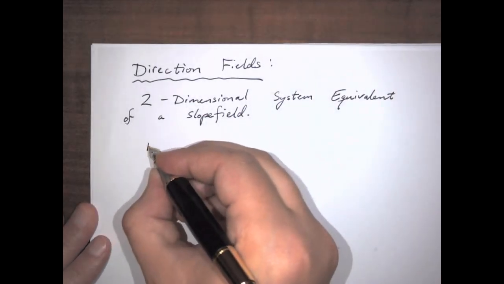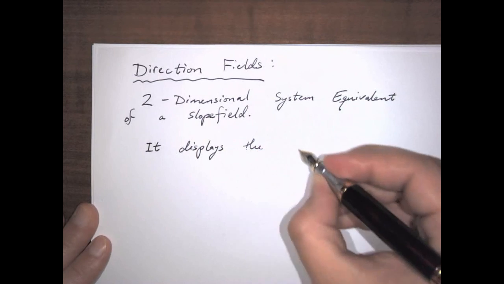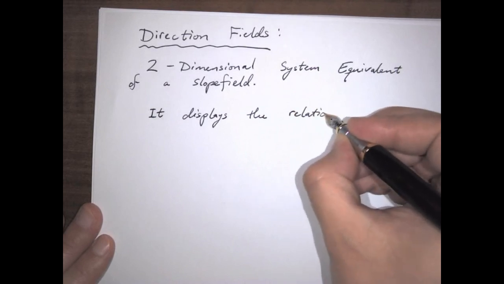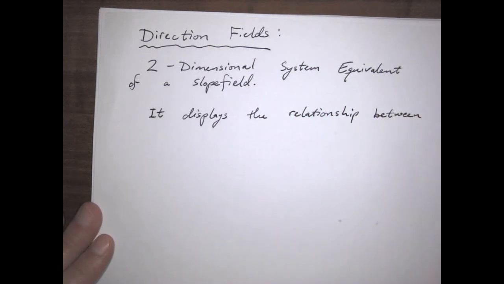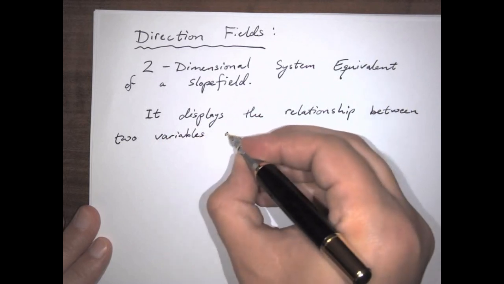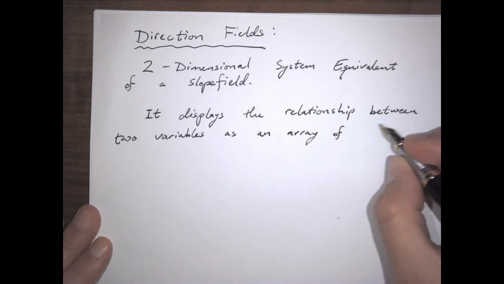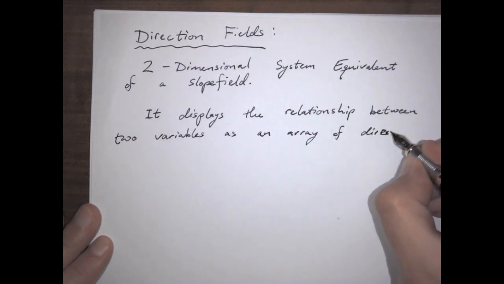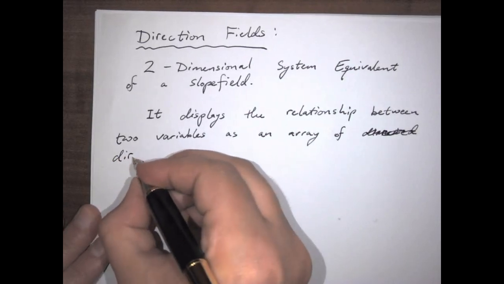And what it does is it displays the relationship between two variables as an array of directed line segments. In other words, arrows.